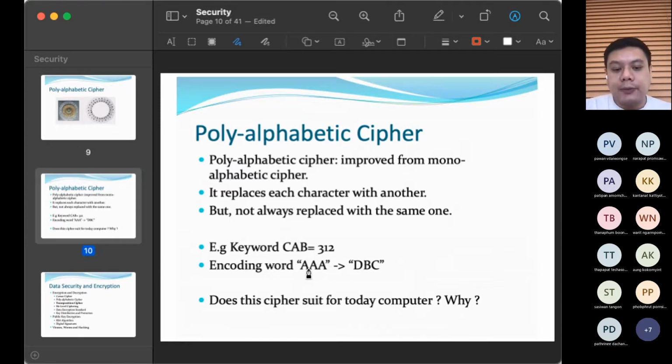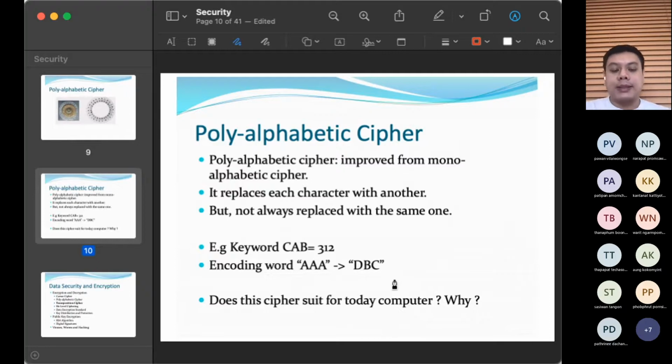The first A is rotated 3 characters, so it becomes D. Another A rotates 1 character and becomes B. And the last A, that is B, means 2 characters, rotating to C. So that gives D, B, C.